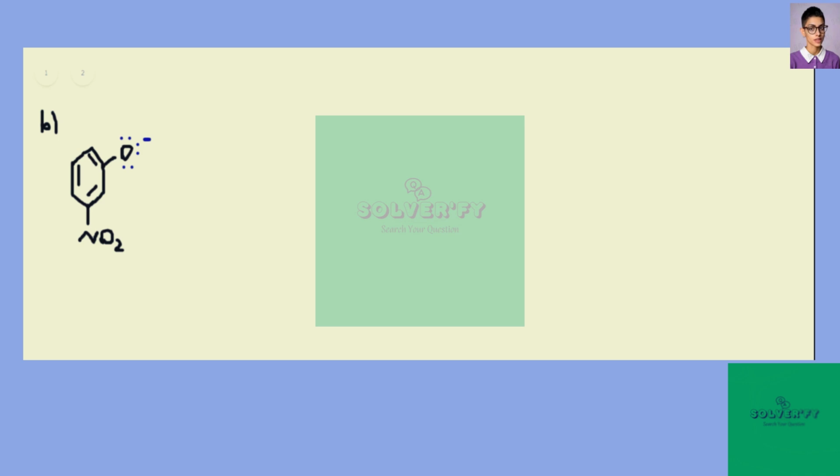And so just as we did for the para-nitrophenol, we can begin by moving electrons like this.